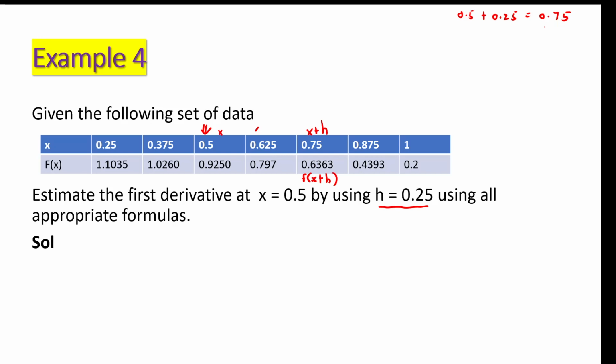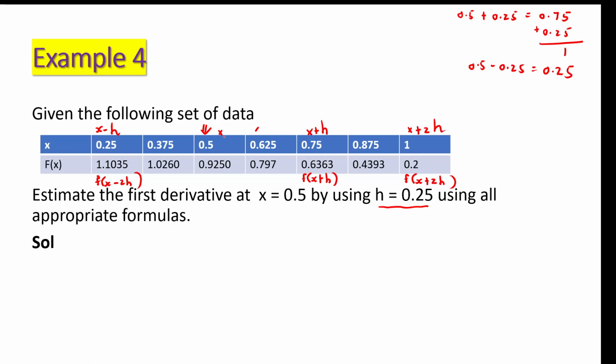From 0.75 add 0.25 to get 1, which is x plus 2h, so this is f(x plus 2h). And 0.5 minus 0.25 gives 0.25, which is x minus h.